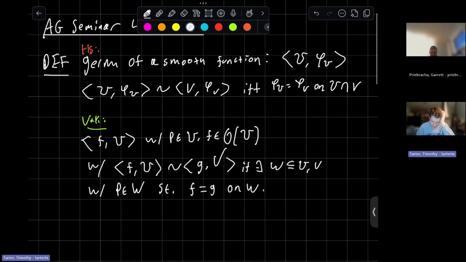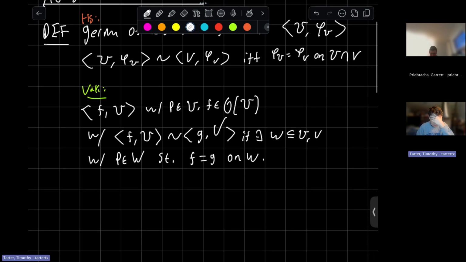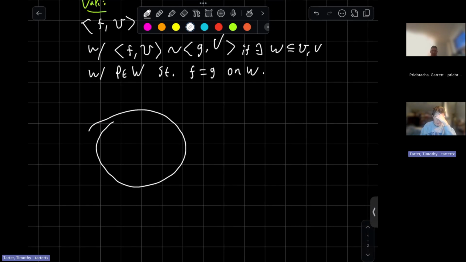The main difference between these definitions, topologically speaking, is this.